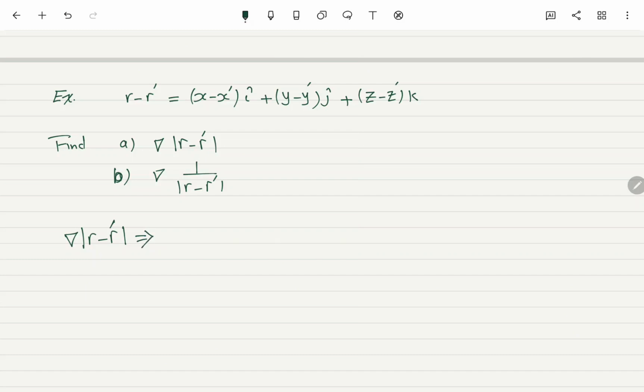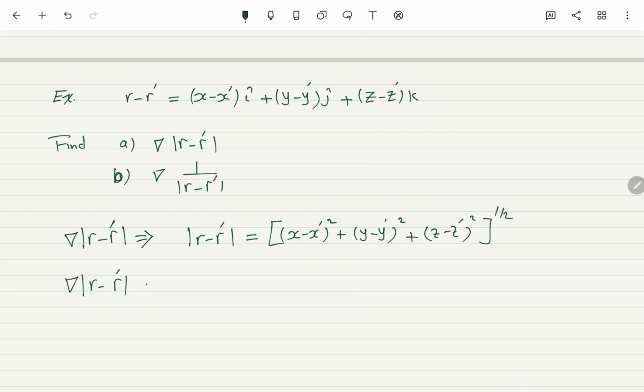Now to find this, let's first find the magnitude of r minus r prime, which equals (x minus x prime) square plus (y minus y prime) square plus (z minus z prime) square, all to the power half. Now the gradient, or the del operator, equals partial x i, partial y j, partial z k.